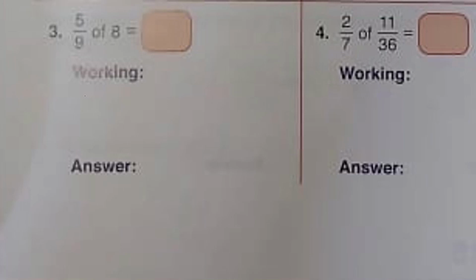Okay, so for this one, we need to do 5/9 times 8 over 1. Okay, so 5 times 8 equals 40.